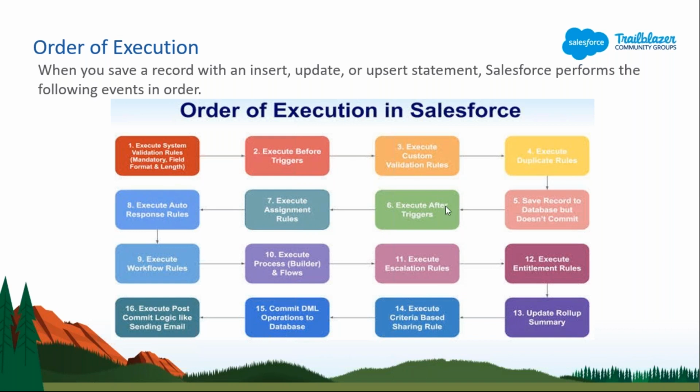But the first 5 or 10 things you should keep in mind: first system validation, then before trigger, then custom validation. So remember this. Order of execution is a very important thing. Any question on that?